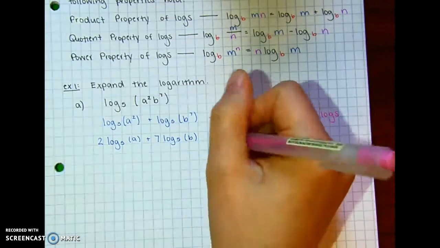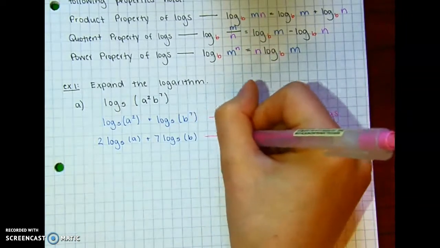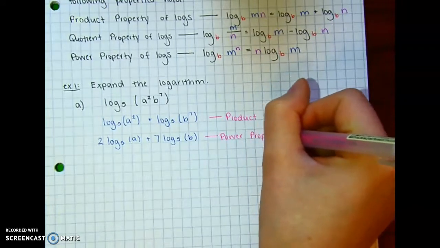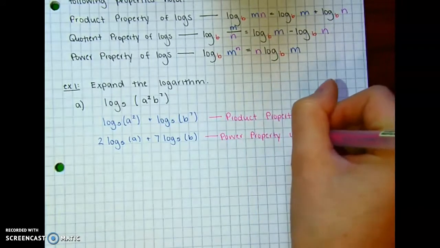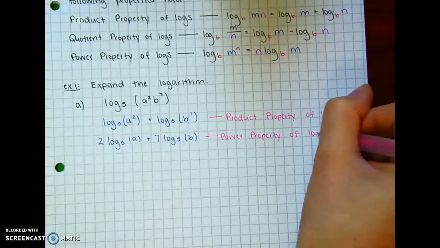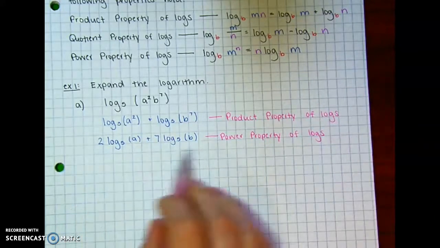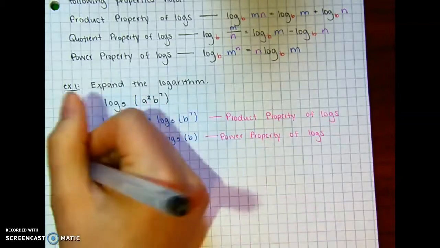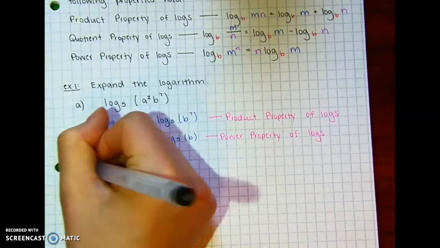And like I said, that is the power property of logs. And that's it. We can't expand this anymore. We are done. So let's do another example that involves expanding.